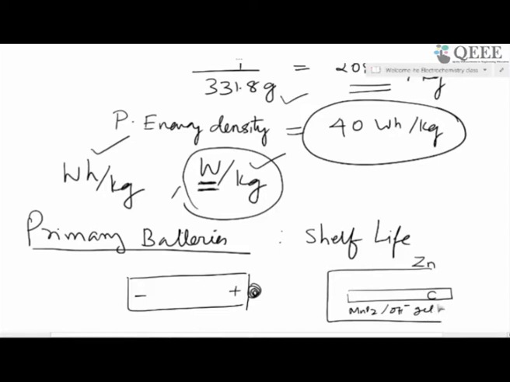Now during the reaction the zinc will oxidize, it will give electrons, and those electrons will go to the carbon, where the MnO2 will be attracted and reduced to Mn2O3.